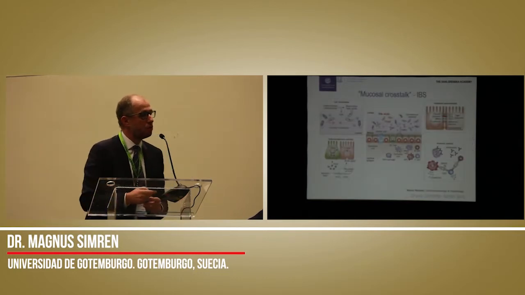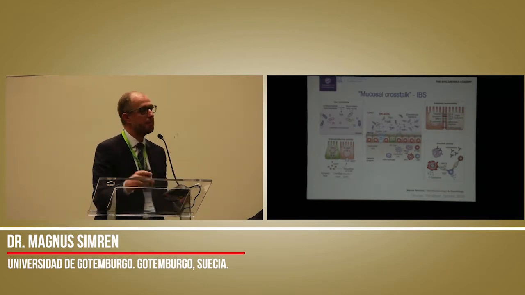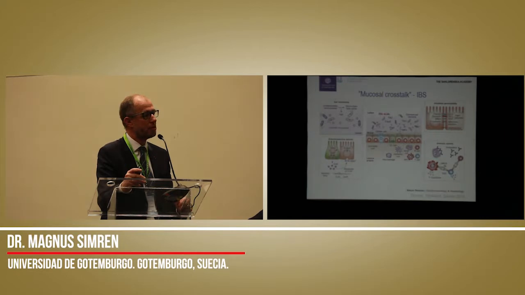So now I will move over to another, perhaps more recent, line of evidence in the pathophysiological research in IBS. That is that there seems to be some kind of abnormality in what we can call the mucosal crosstalk in IBS.